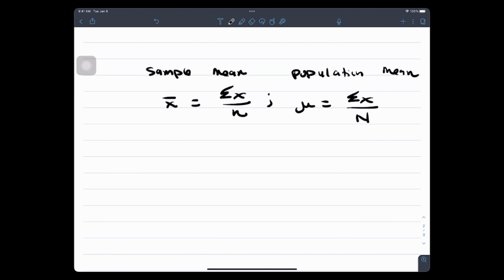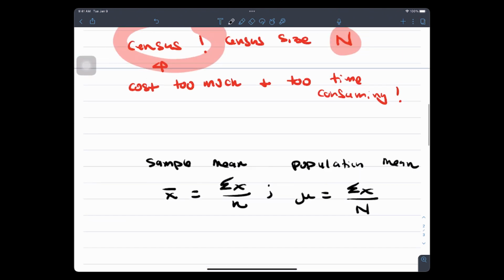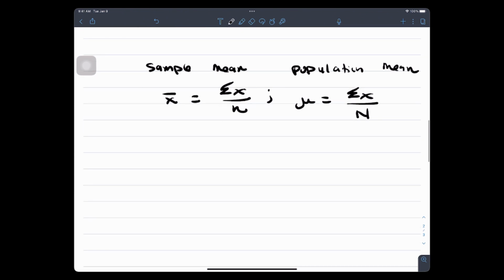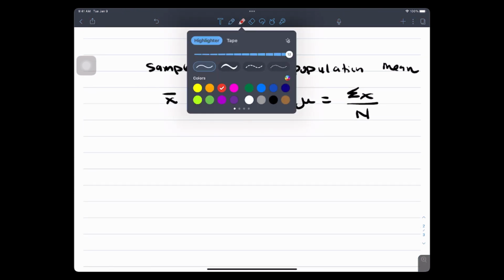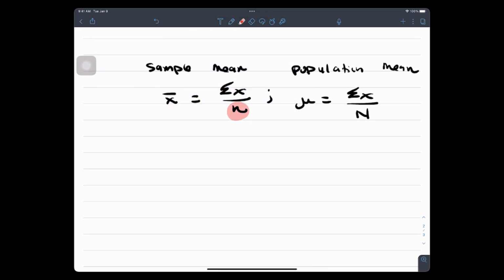The difference is the size. What does little n represent? Isn't that sample size? Little n. What's big N? Population size.